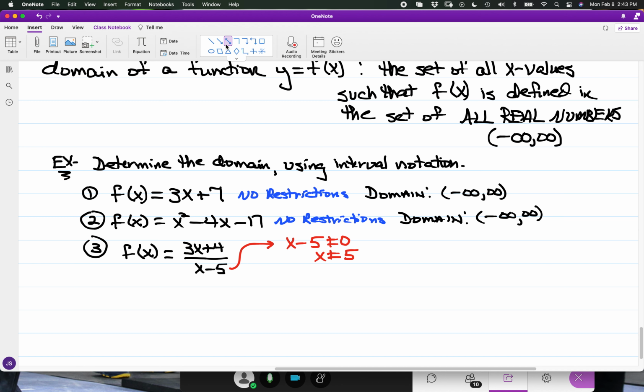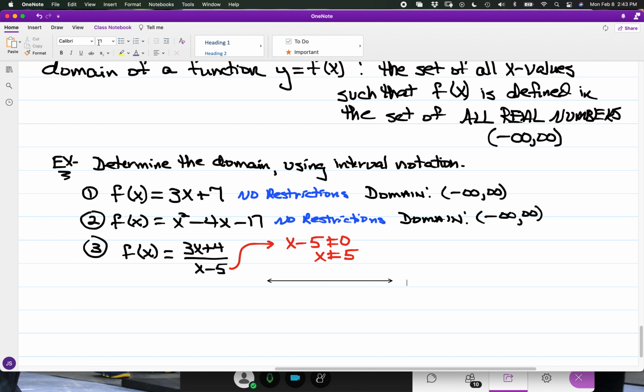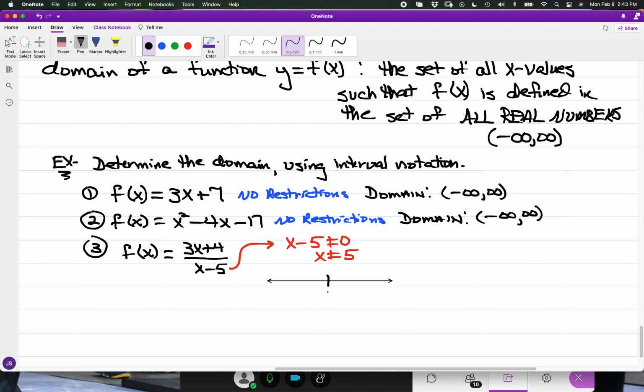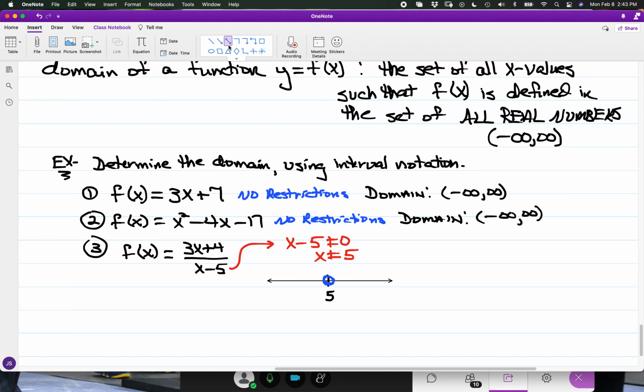And just to give you a visual, it's a little bit tedious, but it's similar to some of the stuff we dealt with in the absolute value inequalities. The centerpiece is 5, and 5 is going to be left out. So you have a hole on 5, but the solution will be everything else.